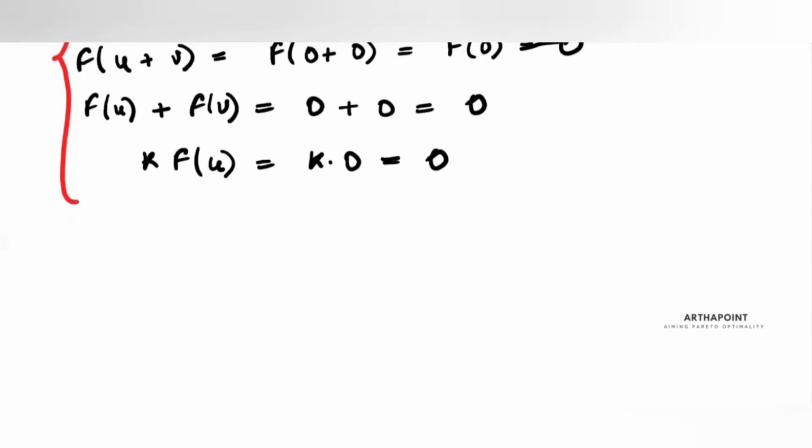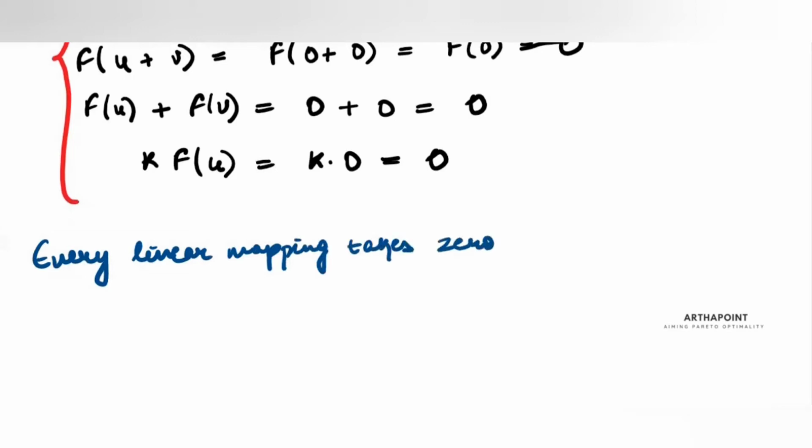Please write down that every linear mapping takes 0 vector into 0 vector, and 0 vector is a part of every linear mapping.